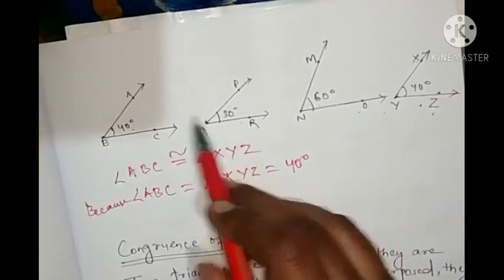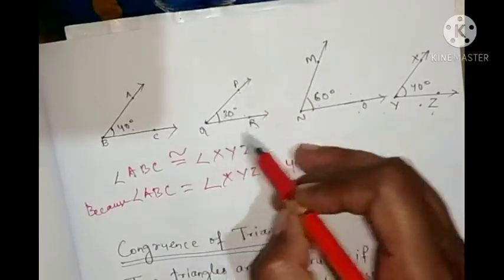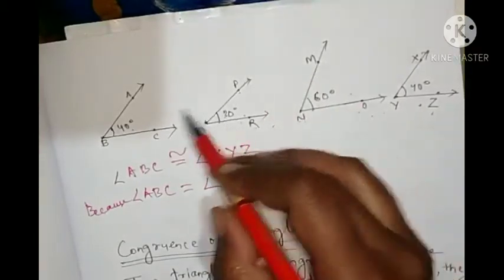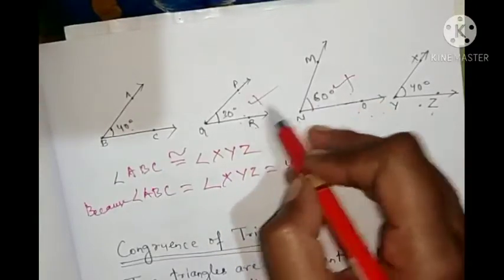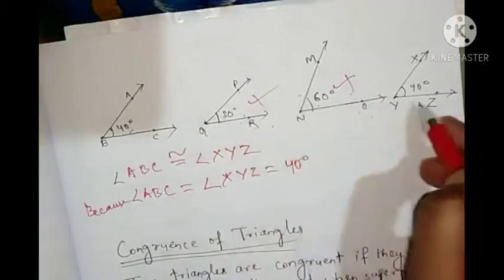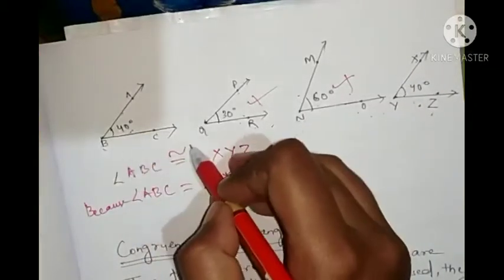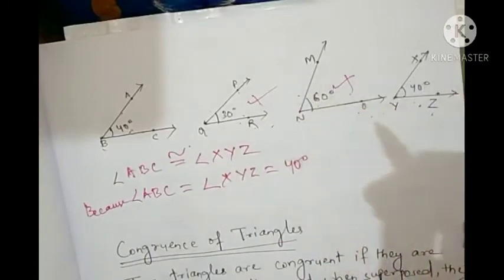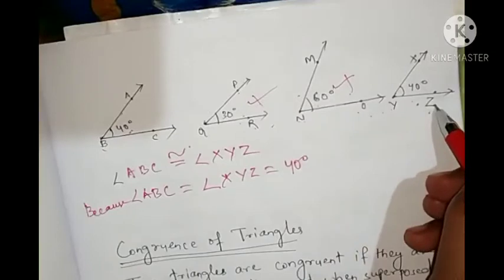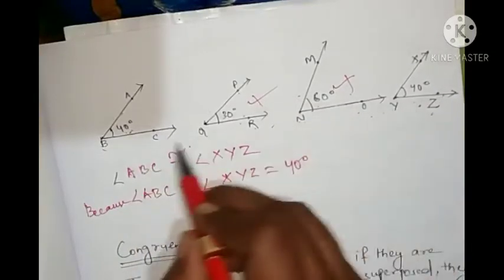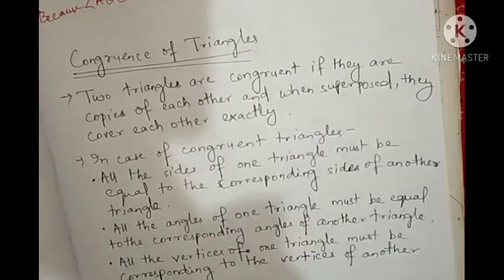But they cannot be congruent to 30 degree or 60 degree, PQR or MNO. Why? Because they have different measure. They are not the same measure as XYZ and ABC. And if angle ABC and angle XYZ are congruent, it means the angles are the same. So this is about congruence of angles.